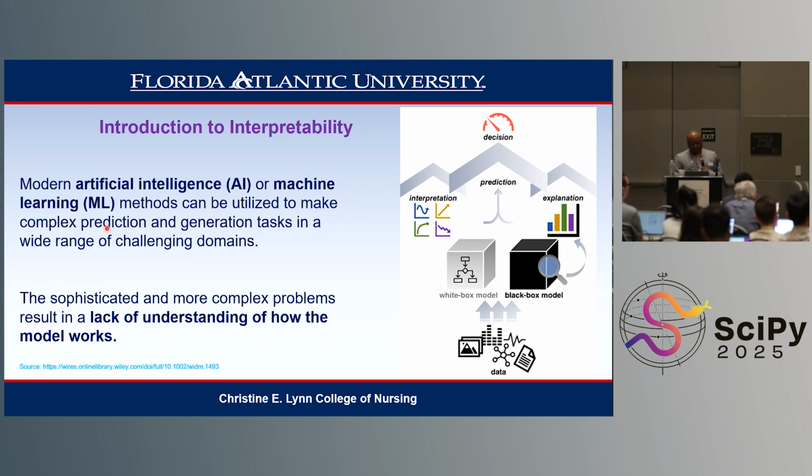Okay, let's go here. Now I'm going to the introduction to interpretability. I already explained that there are two kinds of models used in machine learning. When it is a black box model, we don't see the details of how the model works, and it cannot provide transparency to the stakeholder.